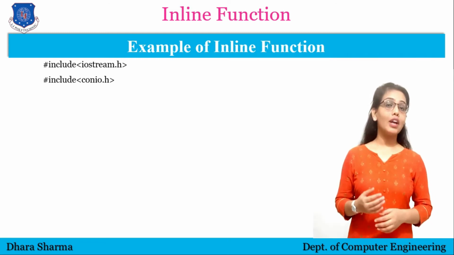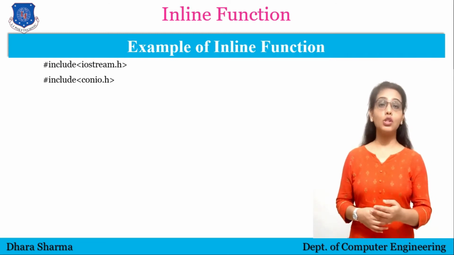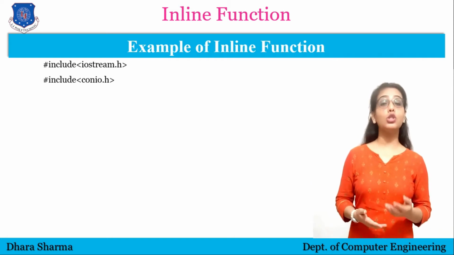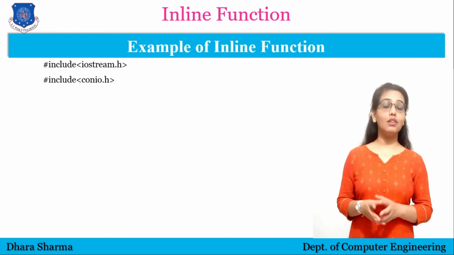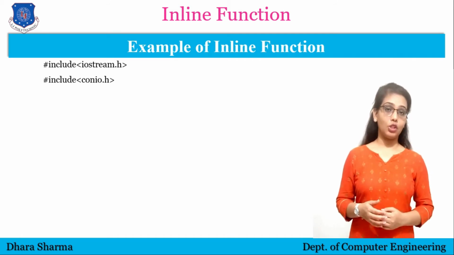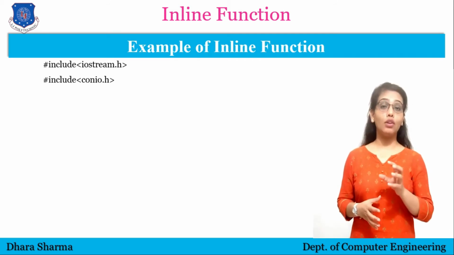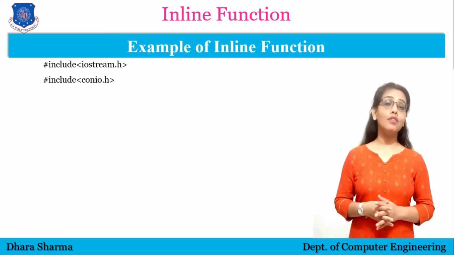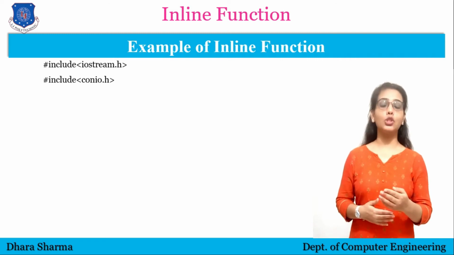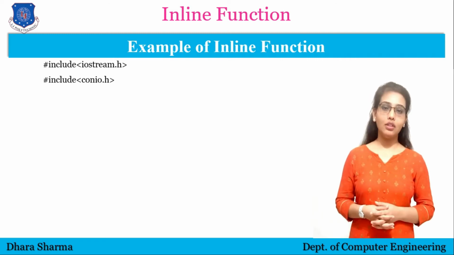We can define the function before the main function, or we can define the function after the main function. But if we define the function after the main function, we need to declare that particular function just before the main function. And if we are defining the function before the main function, then declaration is not required.